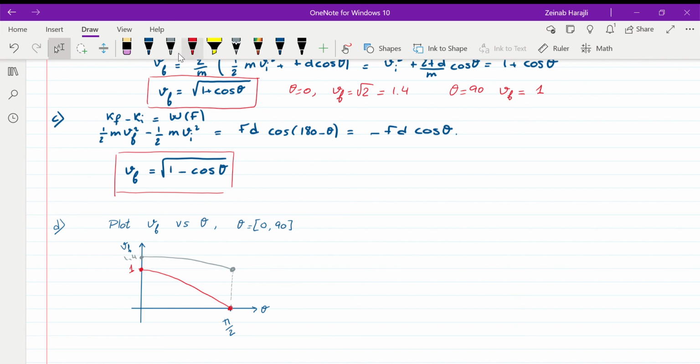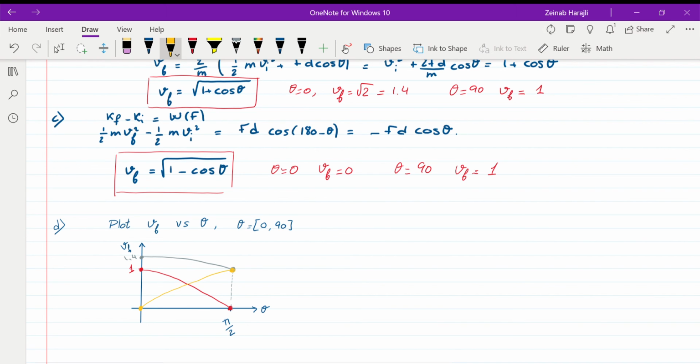Now for the third expression, we see that for theta equals 0, v final will be 0 because it's radical 1 minus 1. And for theta equal 90, v final is going to be equal to 1. So if we plot this, we will be starting from 0, 0 all the way to 1.